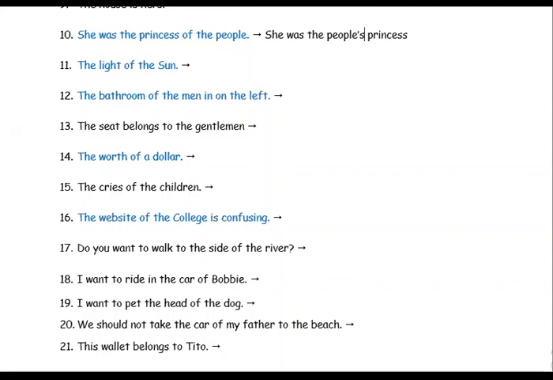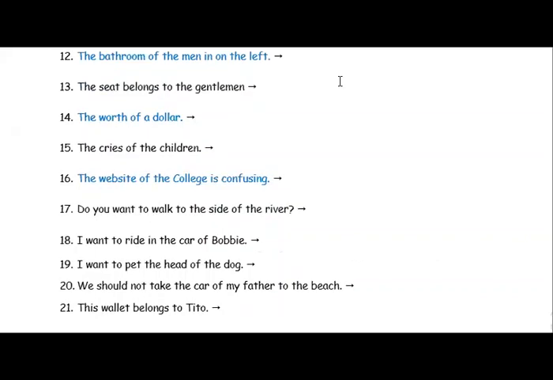Let's ignore the sun's light. The bathroom of the men is on the left. How do we put that into a possessive noun form? The bathroom of the men is on the left. I'll give you a head start. The men's something is on the left.